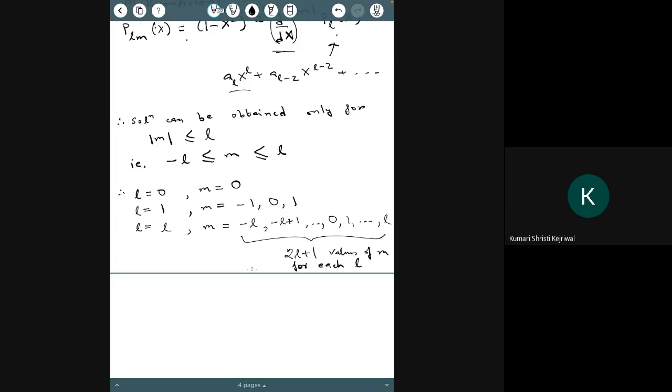So it's always a valid quantity. But for L, since we wrote it as L into L plus 1, we had to choose only the positive ones, which would again give me a positive L squared. Yeah, for m we take both positive and negative.